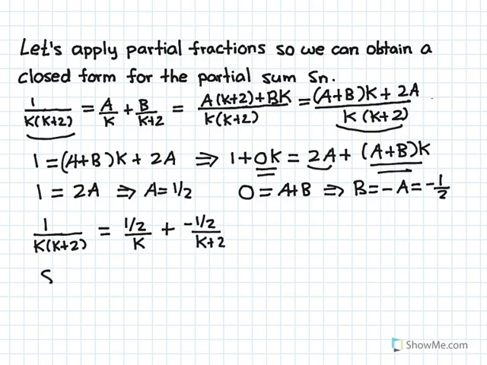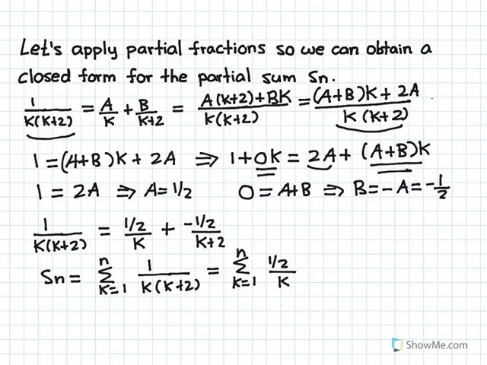So the nth partial sum can be written as Sn is equal to the sum from k equals 1 to n of 1 over k times k plus 2, and we applied partial fraction decomposition to write it in a different form: the sum from k equals 1 to n of 1/2 divided by k plus negative 1/2 divided by k plus 2.